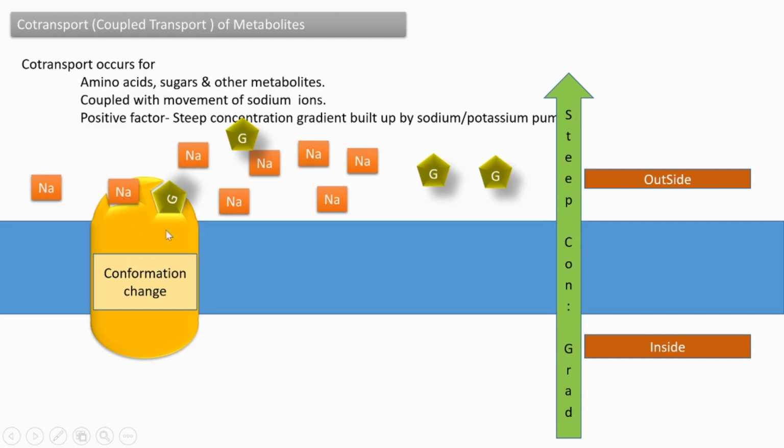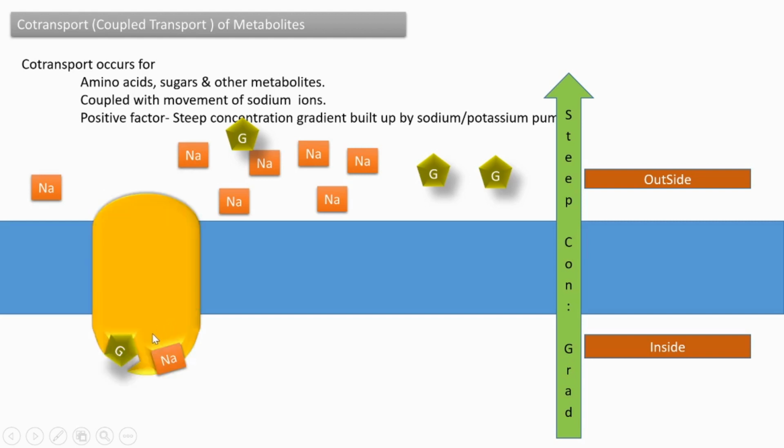This binding changes the conformation of the carrier protein, and it faces inside. As it faces inside, it can release the glucose and sodium. In that way, it transports glucose from outside the cell to inside by taking advantage of the concentration gradient of sodium.